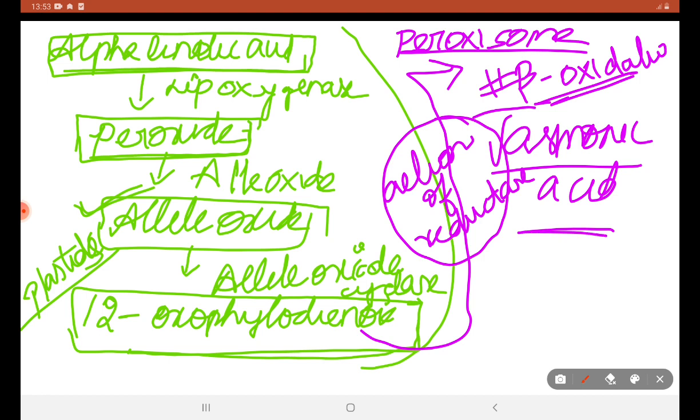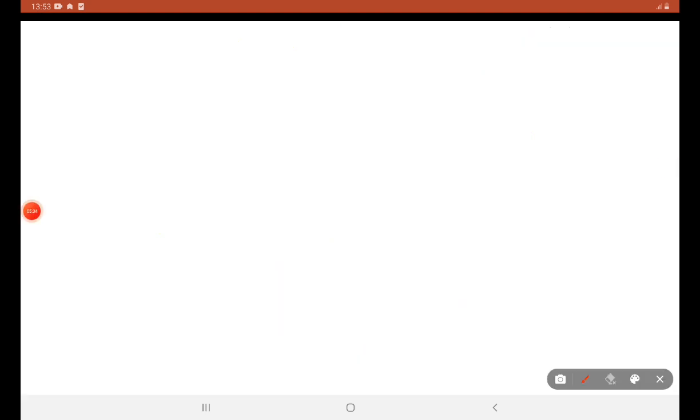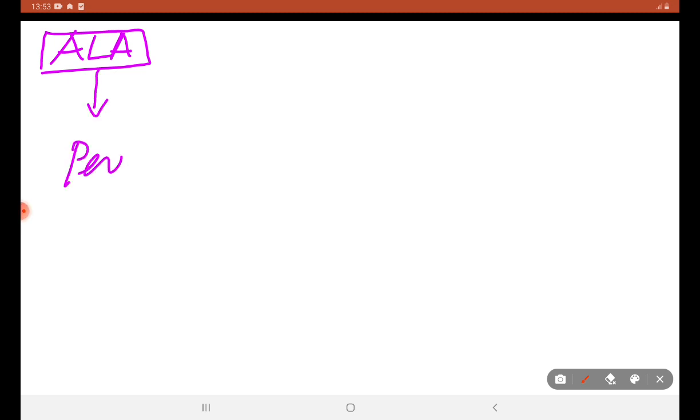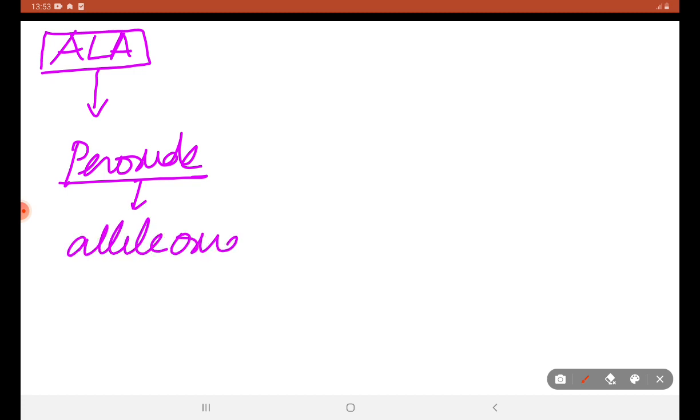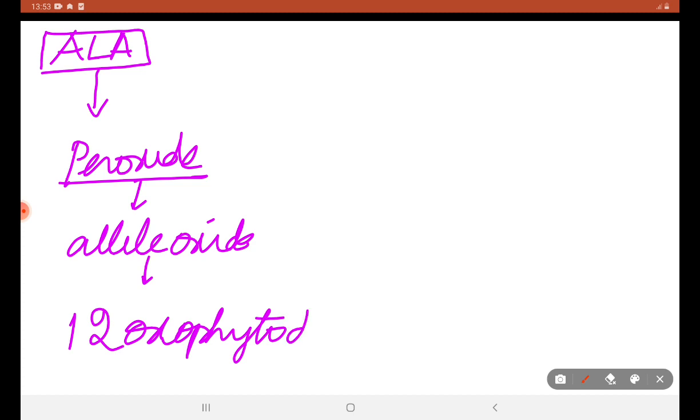So, alpha linolenic acid is the precursor. It is converted to peroxide. Peroxide is converted to allene oxide. Allene oxide is converted to 12-oxo-phytodienoic acid.